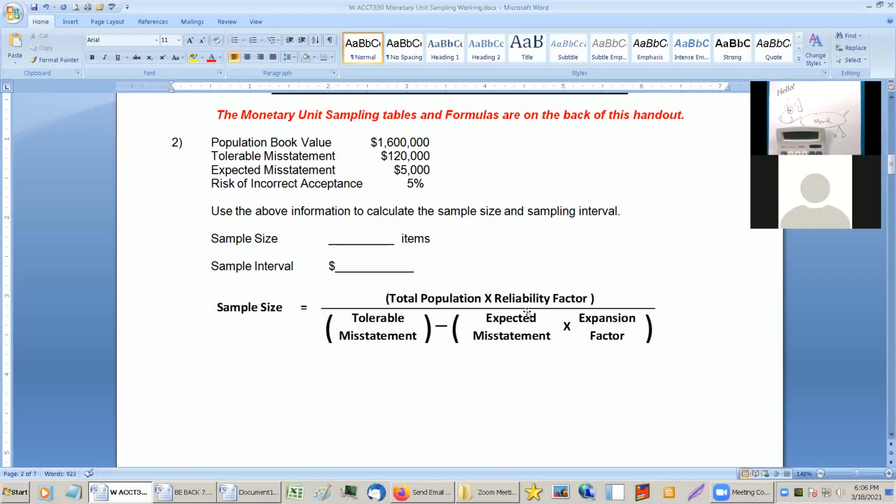In classical sampling, you'd have to find an estimate of the standard deviation to pick a sample size. You do not need that in this one. Because each dollar is a sample, so it's one. There is no standard deviation. It's simply a counting number.